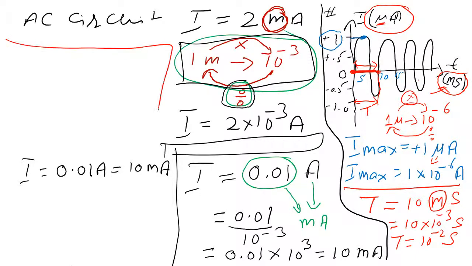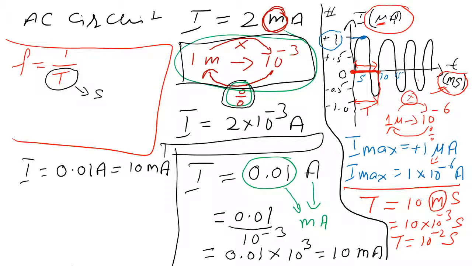Once you have the value of the time period, you can easily find the frequency. Suppose you want to find the frequency of the AC current. We know the formula: the frequency is 1 over T. In this formula, T should always be in the unit of second, not any other unit.